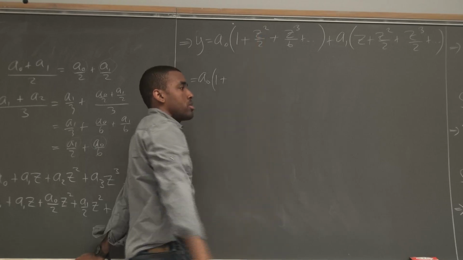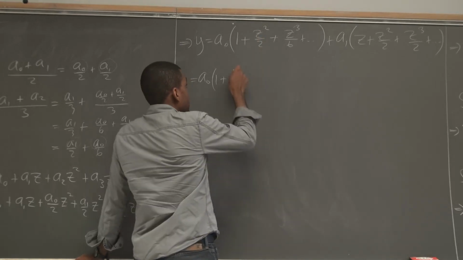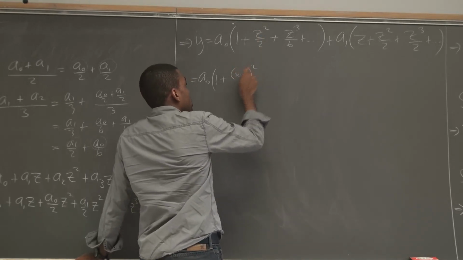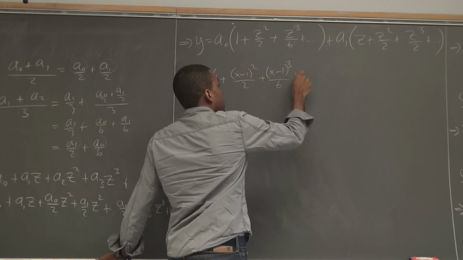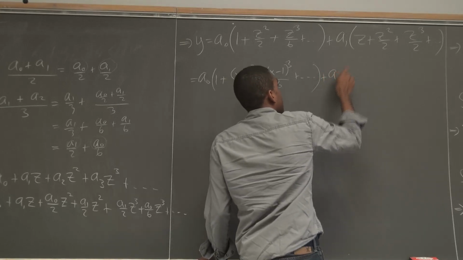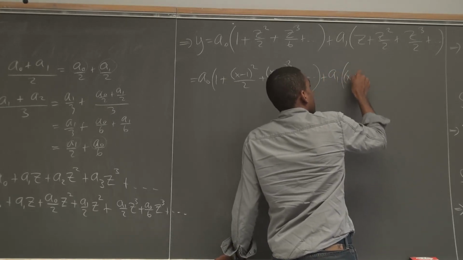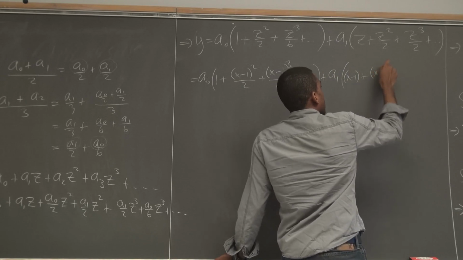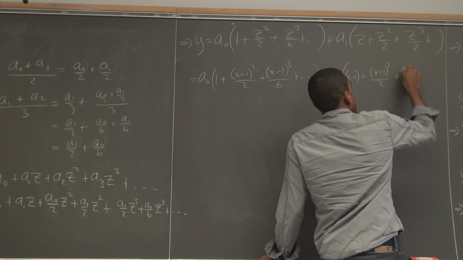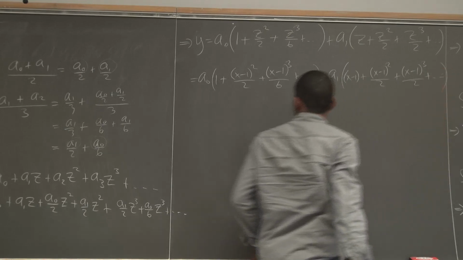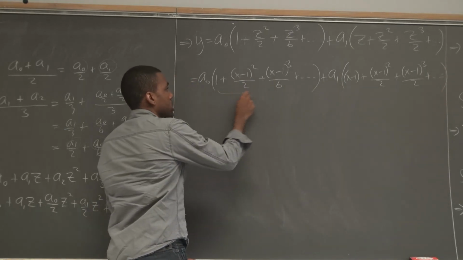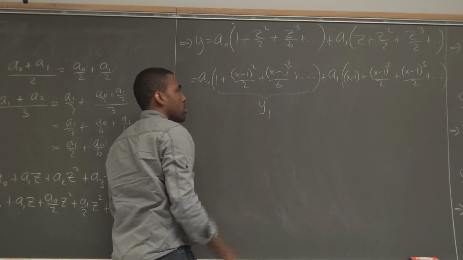Now I have to remember, z wasn't my original variable, so I'm just going to replace these. These are all x minus 1s. So this guy here is my y1.